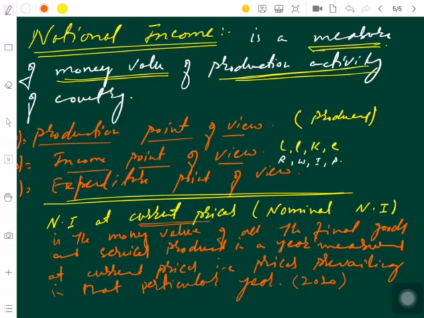If we calculate national income on the prices of that very particular year for which the national income is being calculated, it will be termed as nominal national income, or national income at current prices.